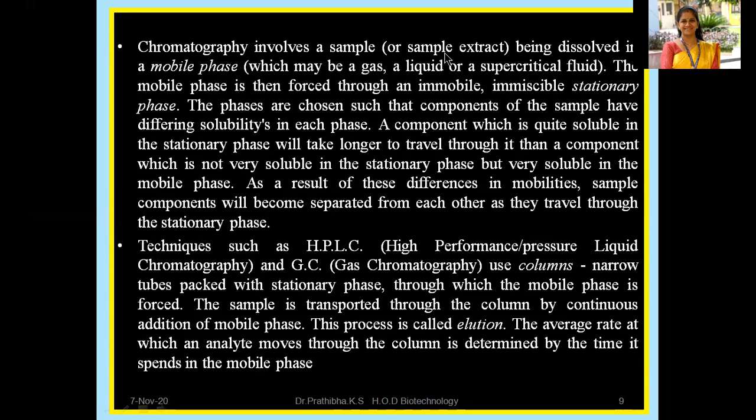Chromatography involves a sample or sample extract being dissolved in a mobile phase, which may be a gas, or a liquid. Some of the liquid will percolate or be absorbed through blotting paper, by capillary action. So you can also take a mobile phase as liquid or supercritical liquid. The mobile phase is then forced through an immobile, which means stationary, no mobility, or immiscible stationary phase.